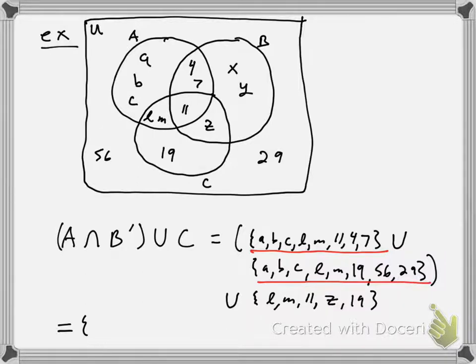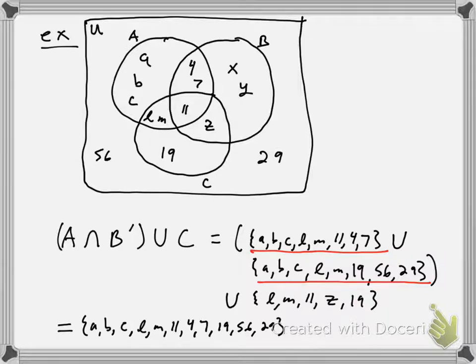We're going to union those up first. So in those, I get A, B, C, L, M, 11, 4, 7, 19, 56, and 29.